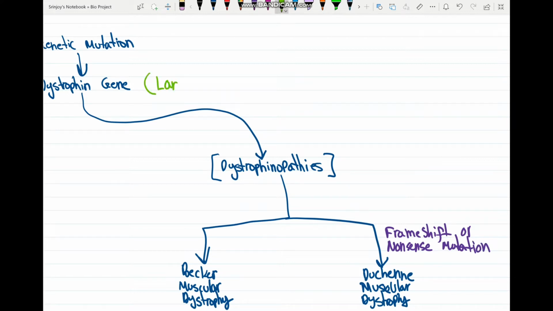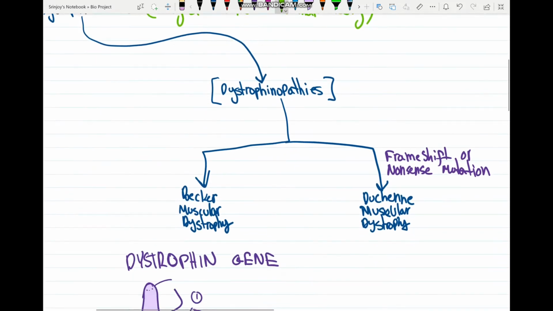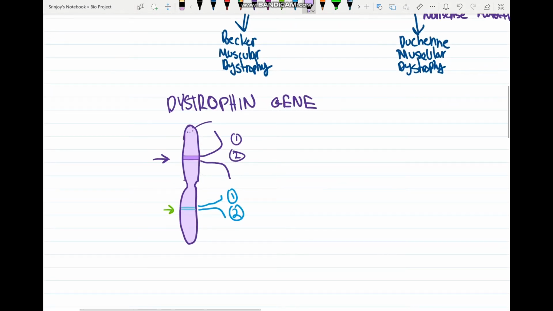Also, it should be noted that the dystrophin gene is the largest gene in the human body, which has 79 exons spanning at least 2,300 kilobases. Okay, so now we're going to look at the dystrophin gene. It's on the X chromosome, and the purple arrow at the top is pointing to the actual dystrophin gene.